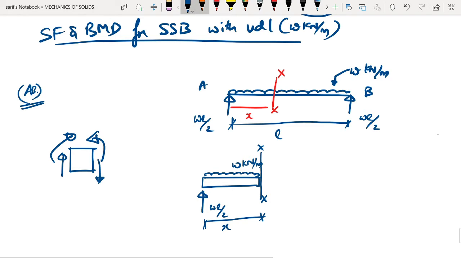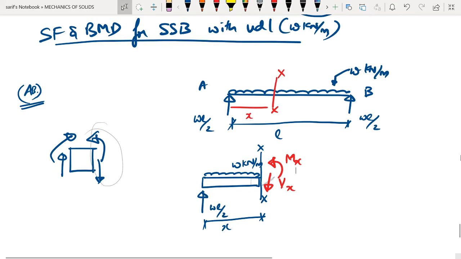And if you look here, the section now we have to consider is, we are considering this particular phase, right? So this phase is nothing but we have to take these directions as the positive ones. So what we will do is let us mark the positive. This is Vx, and this would be Mx. So these are the shear force and bending moment.